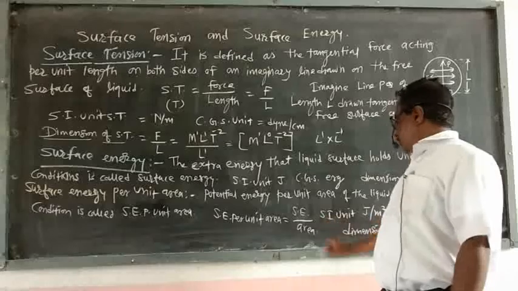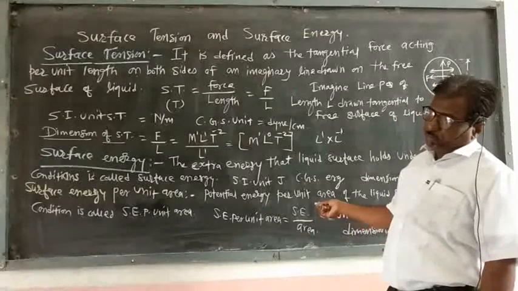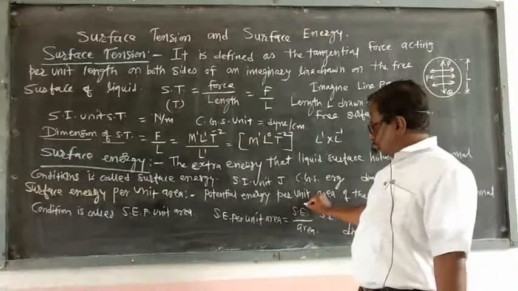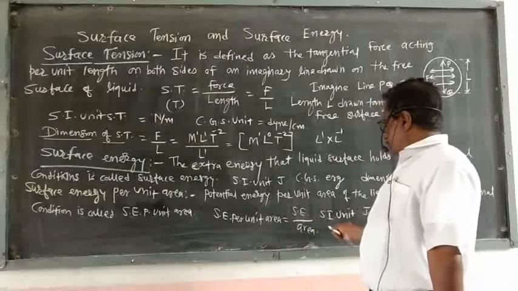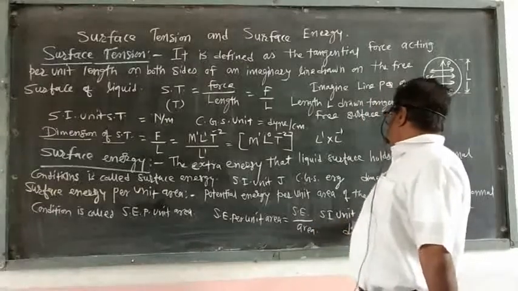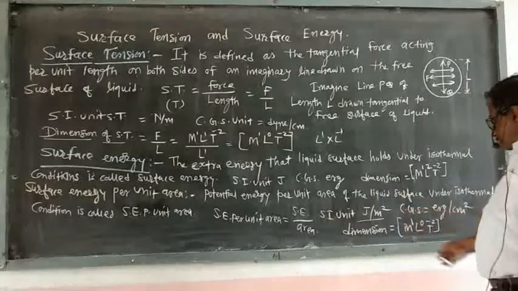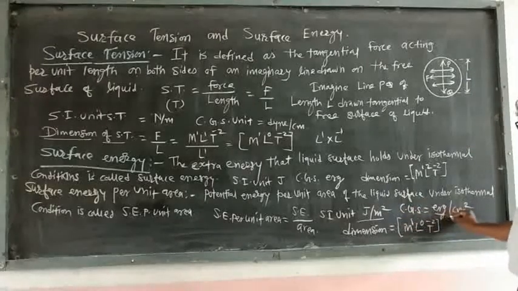The SI unit of surface energy is joule and of area is meter square, so its SI unit is joule per meter square. Similarly, the CGS unit is erg per centimeter square.